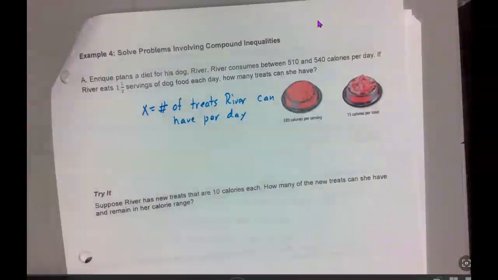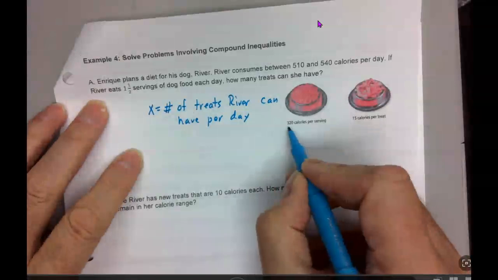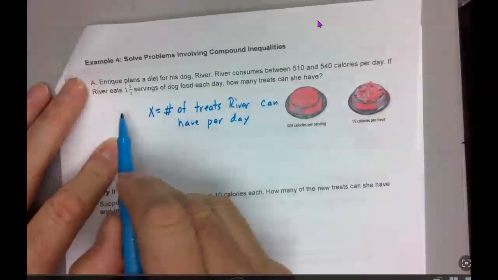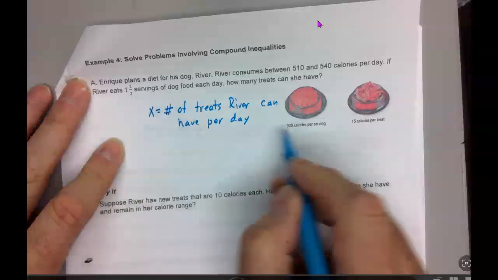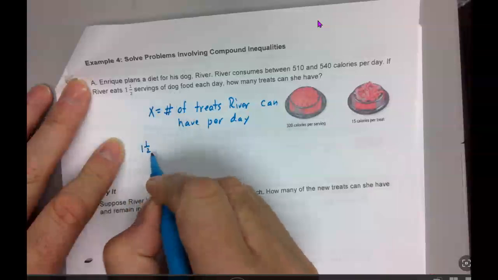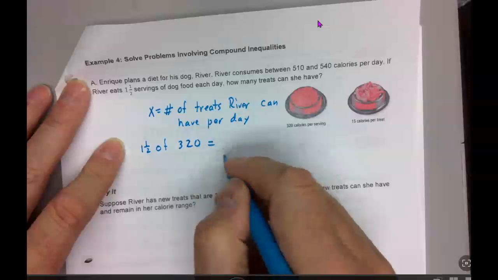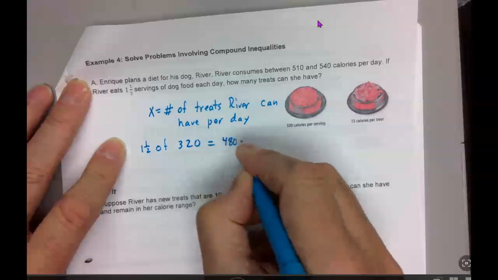Okay, so each serving is 320 calories per serving. So if she eats 1.5 servings of dog food each day, 1.5 of 320 equals 480 calories per day.